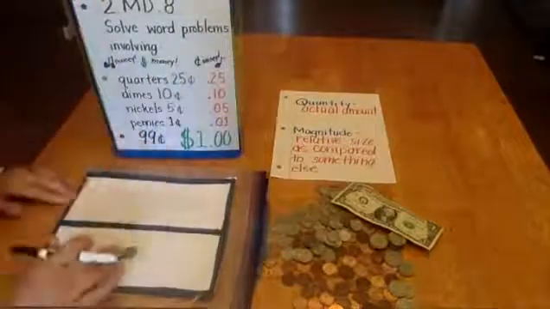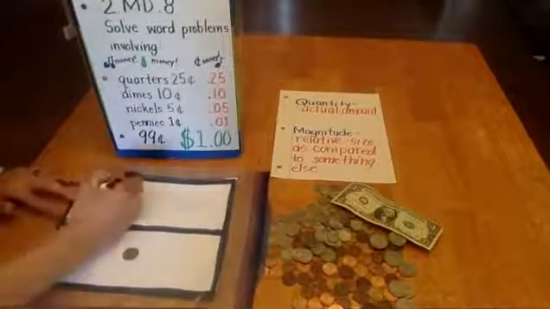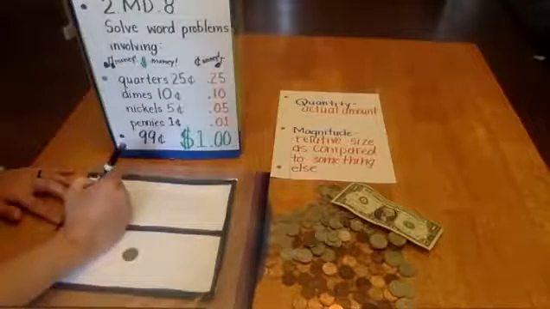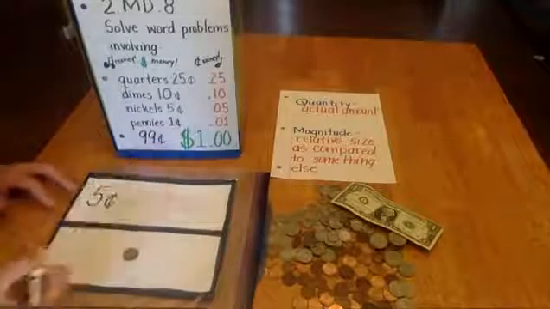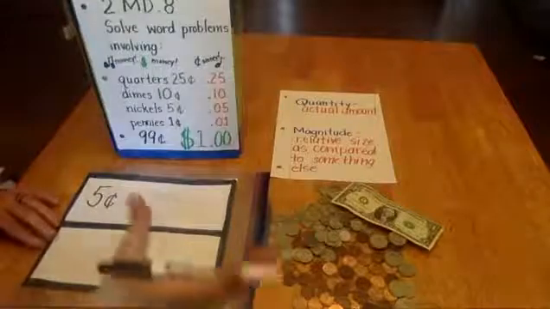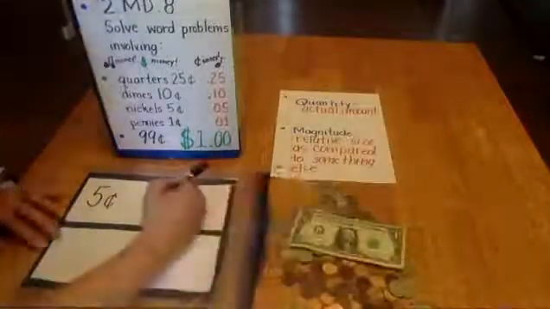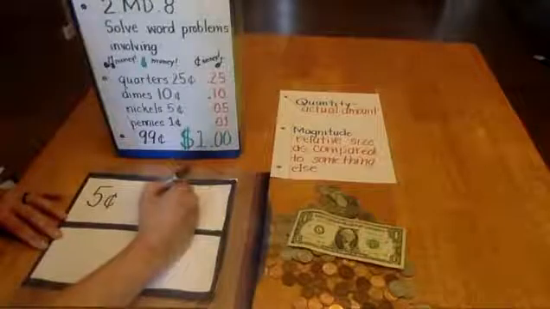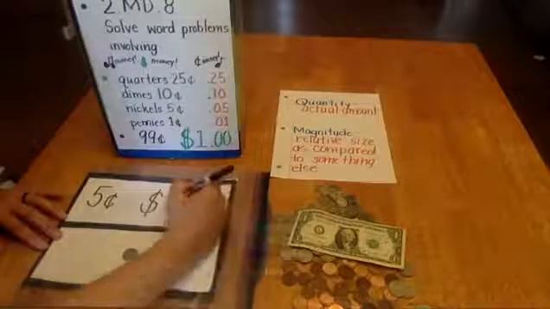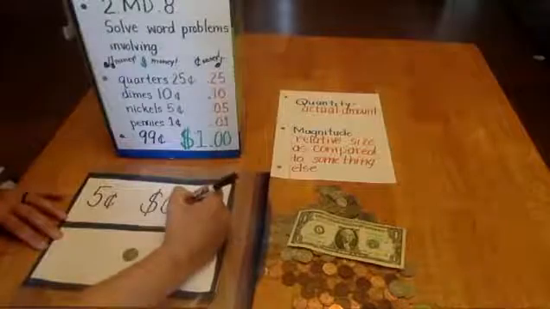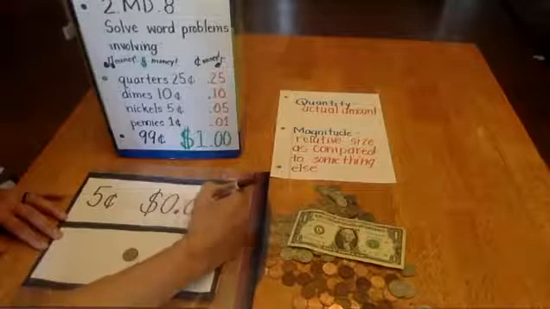So if we were going to put our 5 cents here, we would write that as 5 cents. We don't have up to 100 cents yet to make our dollar. So we would write 5 cents with the dollar sign as $0.05.